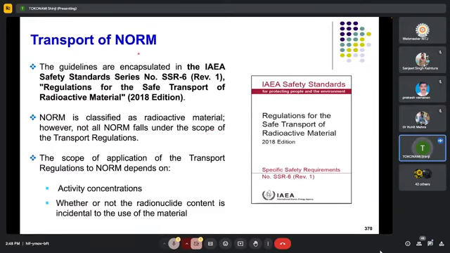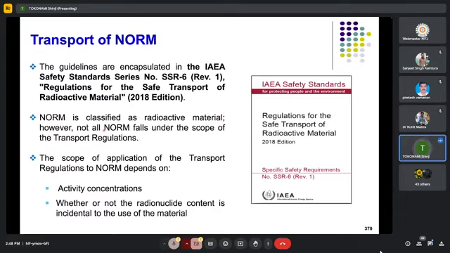Regarding transport of NORM, the guidelines are encapsulated in the IAEA Safety Standard Series, number SSR-6, regulations for the safe transport of radioactive material. NORM is classified as radioactive material.